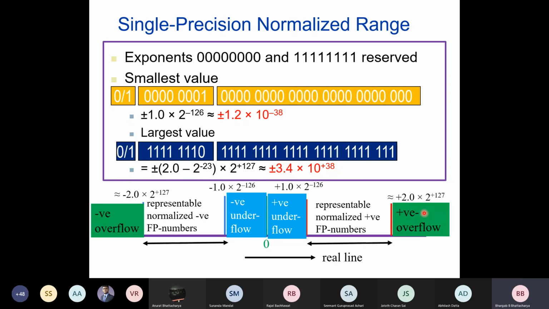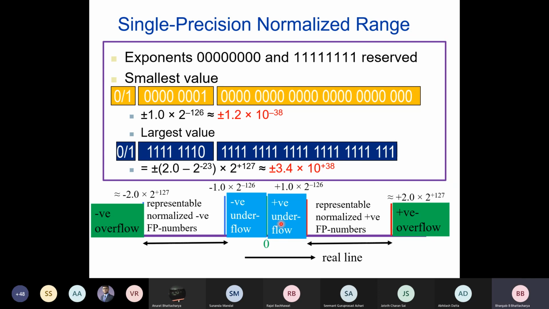The overflow is actually overruled by the maximum value. Maximum means the infinity value, because we have a representation for infinity. I mean, all 1 here and all 0 here. It's not a number, it's the infinity value. Plus infinity, minus infinity here.